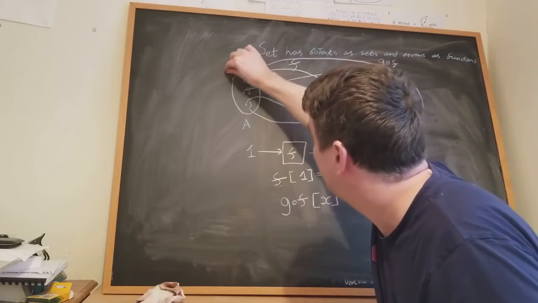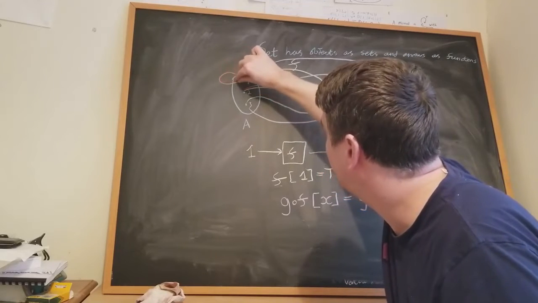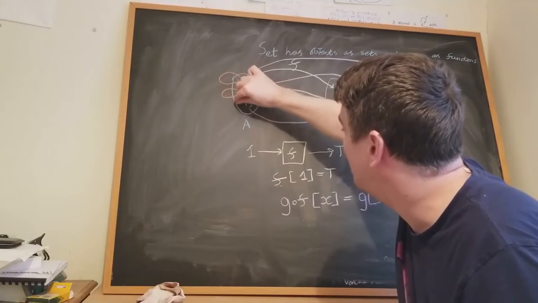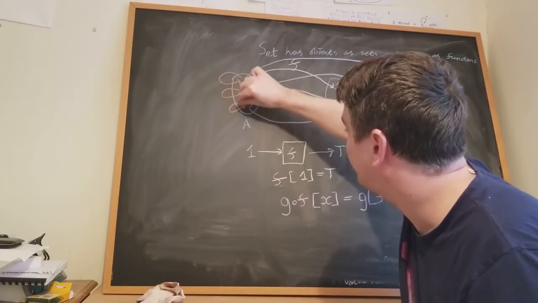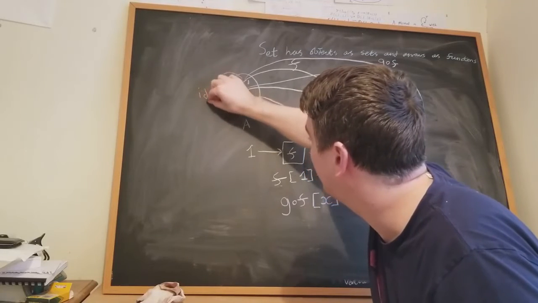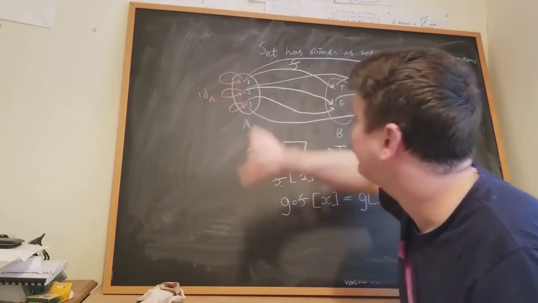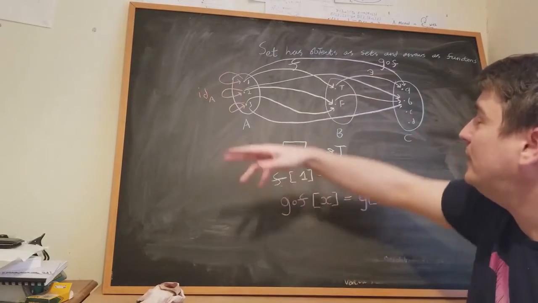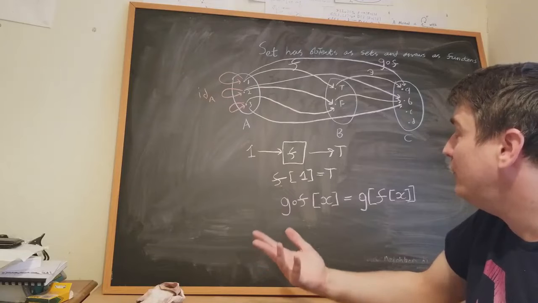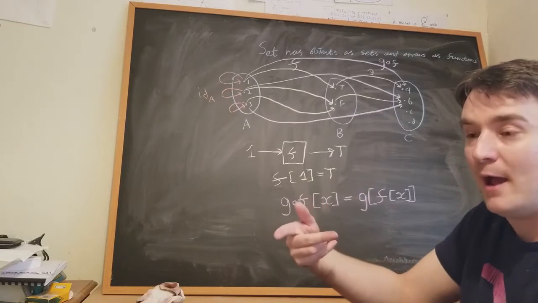It's just a function which sends every element to itself. And I think quite clearly there's going to be a function like that for every set. So that's good. We have our identity arrows.